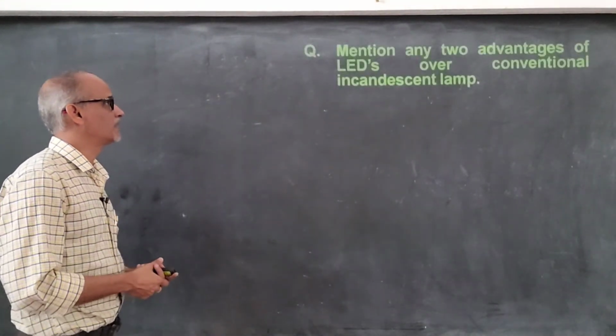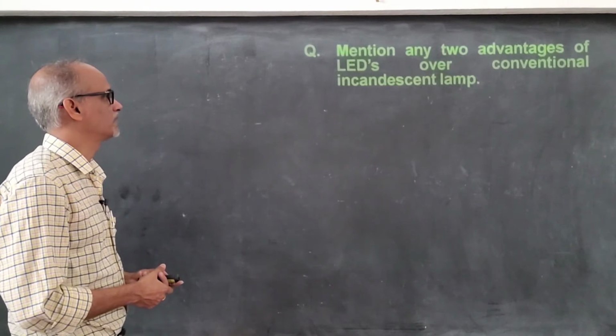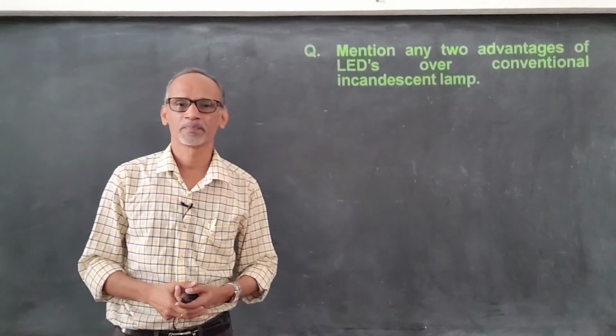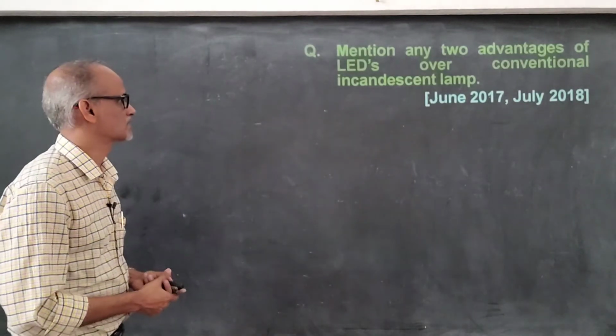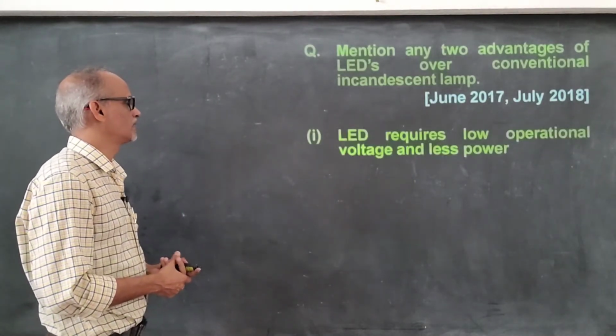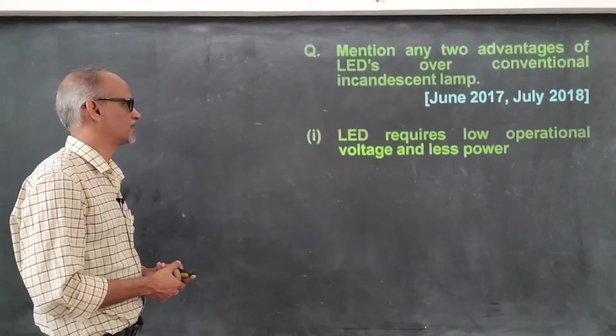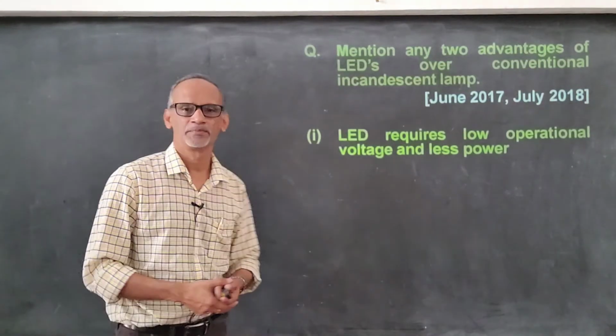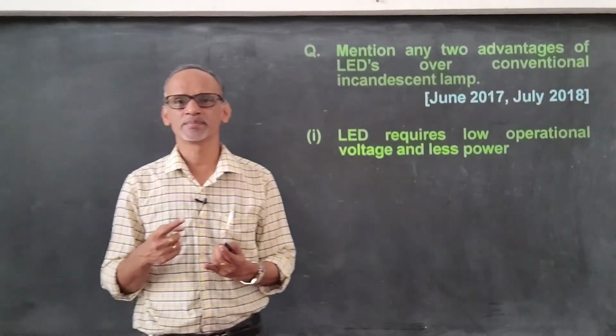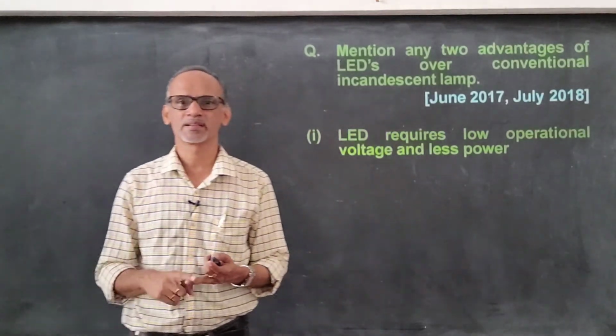So what are the advantages of LEDs over the conventional incandescent lamp? It is again a question from the examination. The first advantage is that an LED requires a low operational voltage and less power. That means it consumes lesser voltage and lesser power.